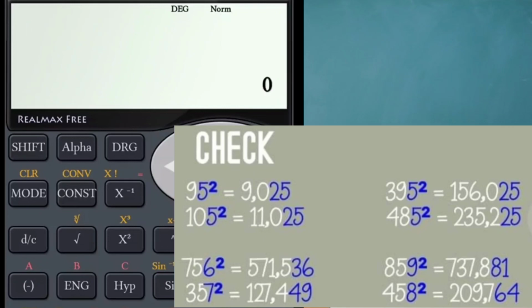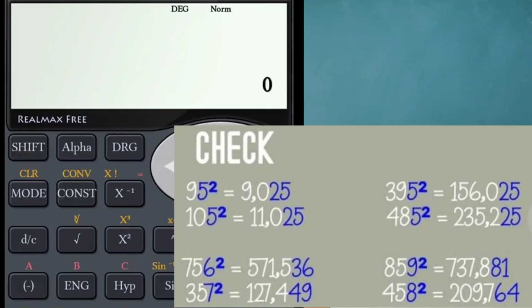Now we're going to check the examples that we solved in the second conjecture. The first one is 756 squared. And that is equal to 571,536, correct. Next is 357 squared. And that is 127,449, correct. The third one is 859 squared, which is equal to 737,881, correct.